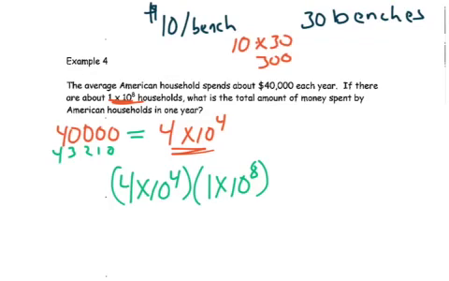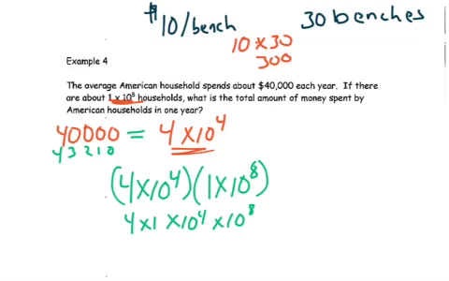Because of the power of multiplication, I can rearrange these numbers because all we're doing is multiplying each number in here. There's no other operations. So I can just rewrite this as 4 times 1 times 10 to the 4th times 10 to the 8th. I'm just aligning some of the things that are easier to work with.